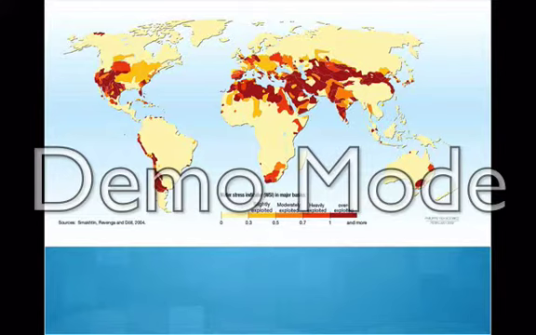And this final map is showing a different aspect of water quality, which is water stress. And this is something we're going to look at a little bit more. I believe next week we're going to watch Blue Gold, which is a great documentary on water resources and water scarcity.